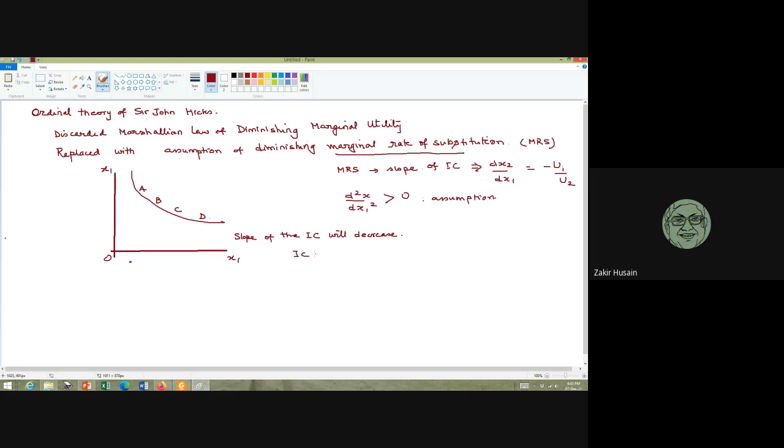So the IC will become flatter as we increase x1. Okay.